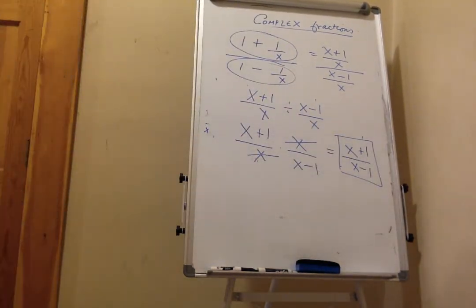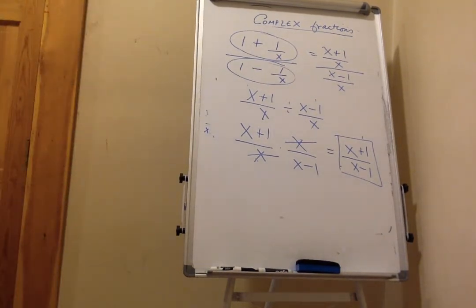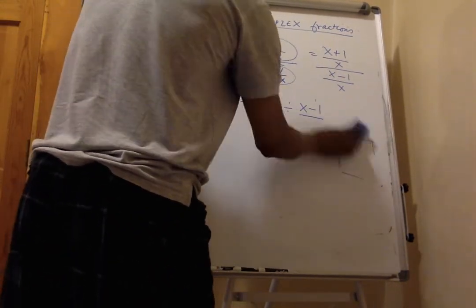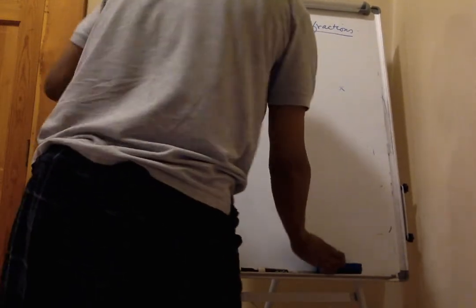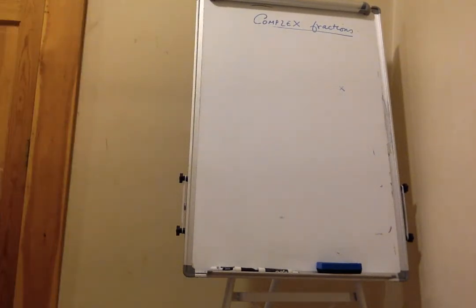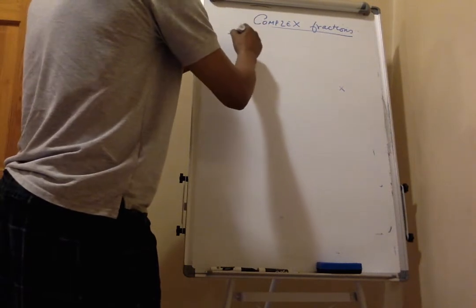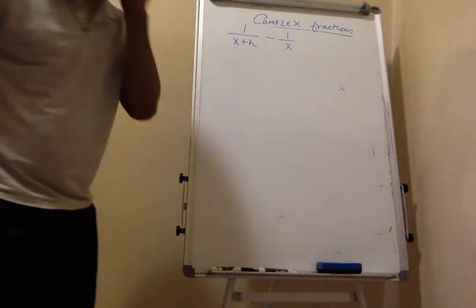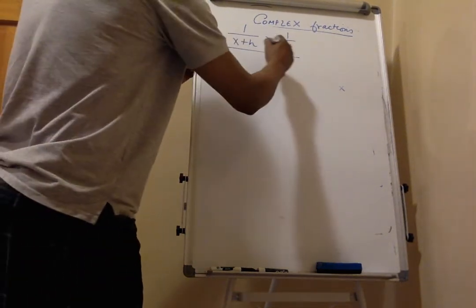Okay, so that's what we mean by complex fraction. Let me do another one. Suppose you have 1 over x plus h minus 1 over x, over h.